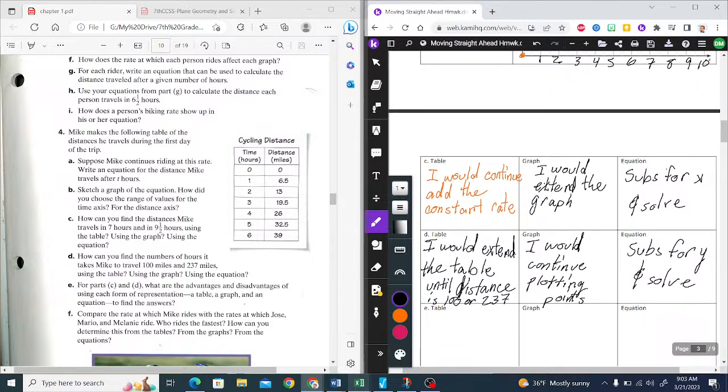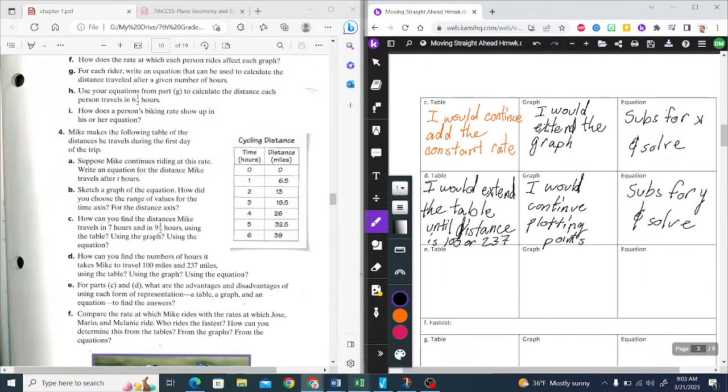So the next question then says, for parts C and D, what are the advantages and disadvantages of using each form of representation? Well, the table is good for known or close values.